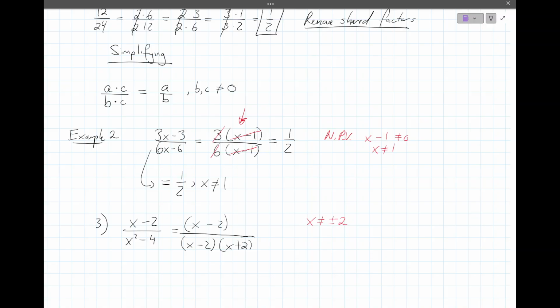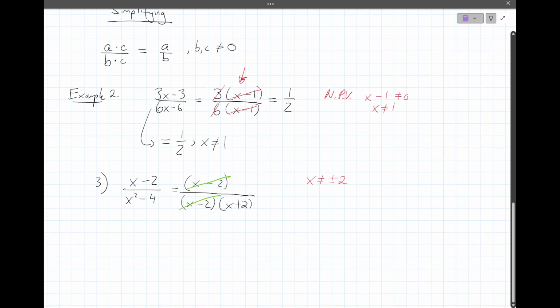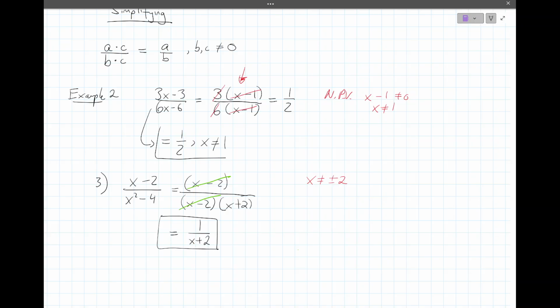Looking at the denominator, x can't equal 2, and x can't equal negative 2. Now that I have the same factor and the same factor, they simplify out, and my final result will just be 1 over x plus 2. Nice and simple, easy to work with.